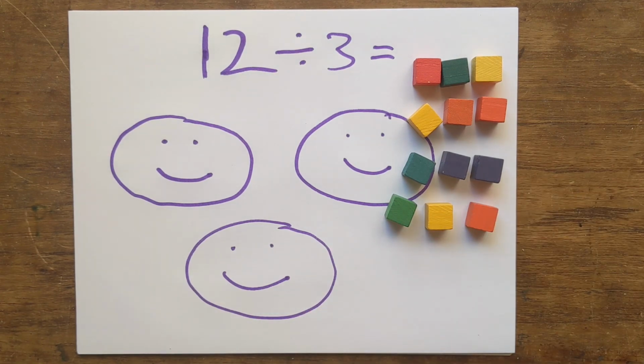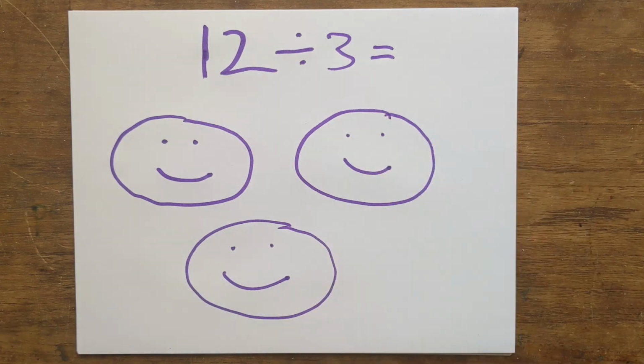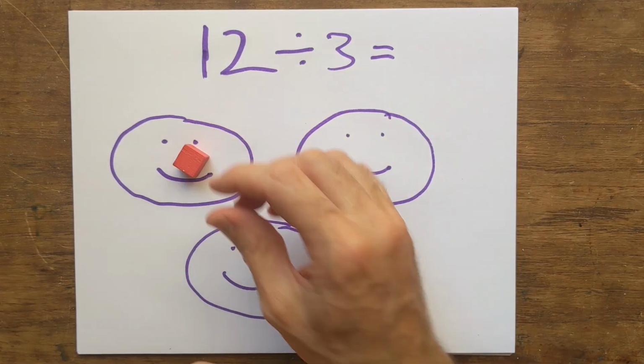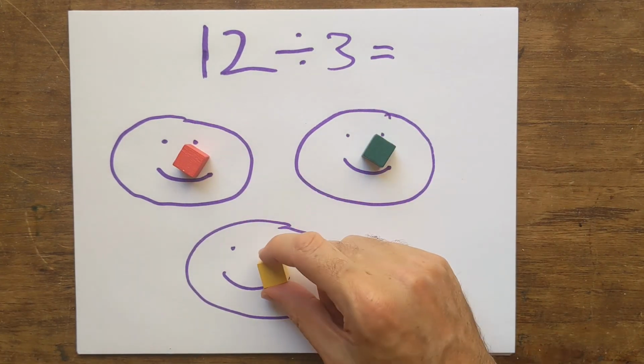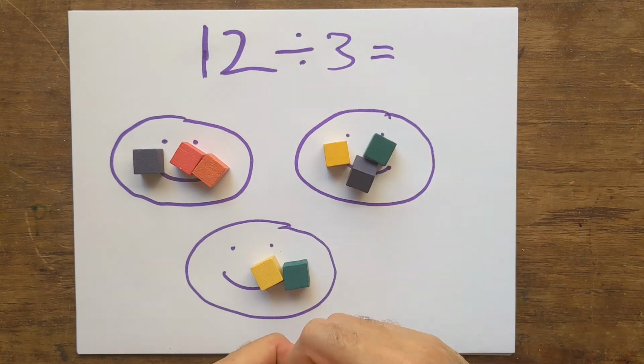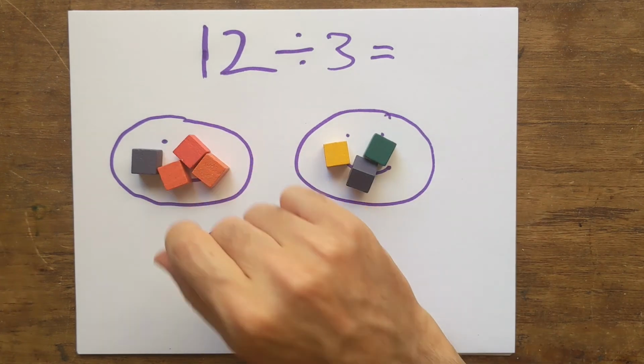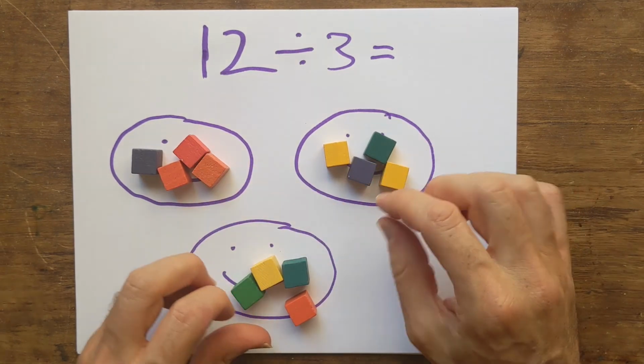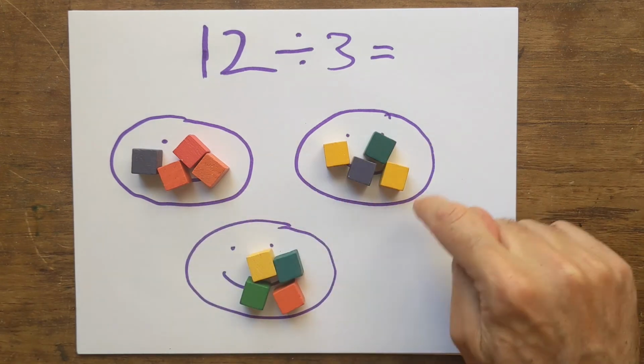There you go. Now I'm going to share these crackers between the 3 people. You get 1, you get 1, you get 1. Don't eat it yet. You get 1, you get 1, you get 1. Again. And again. There we go. So now they each have the same number.